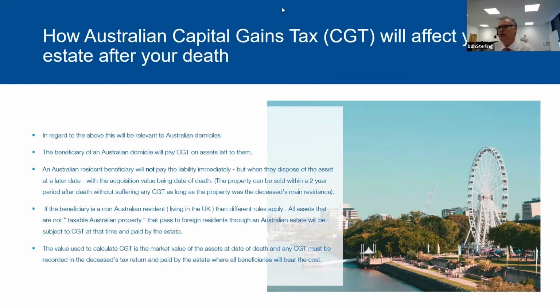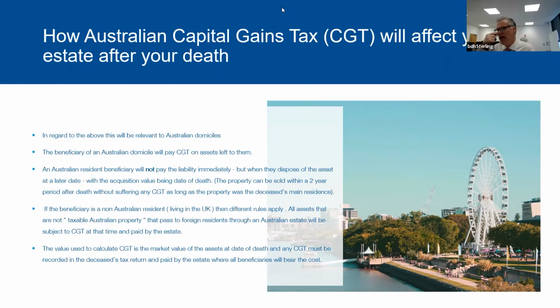The acquisition value is the date of death, and the sale value is obviously the price that you receive for it. Property can be sold within a 2-year period after death without suffering any CGT, as long as the property was the deceased's main residence.